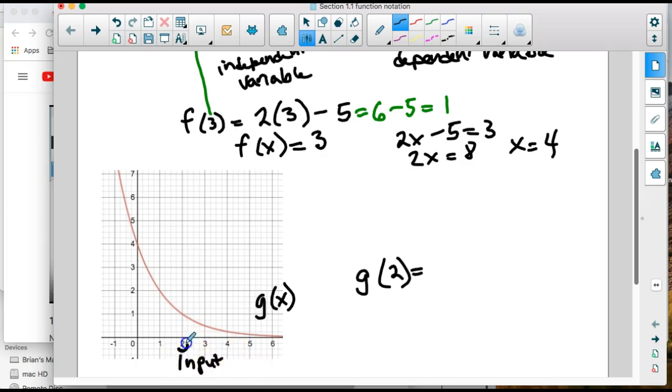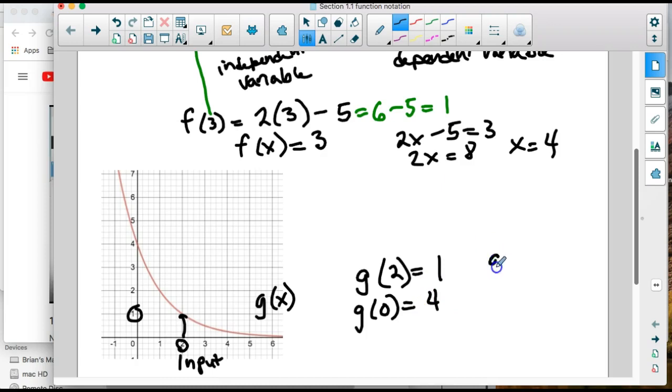So we're going to be looking at 2, run it up here to find out what the answer is, the dependent variable. So g of 2 here equals 1 because that's the height of the curve when you put in input 2. So g of 0 here means you start at 0, you move up to the curve, and the answer is 4.